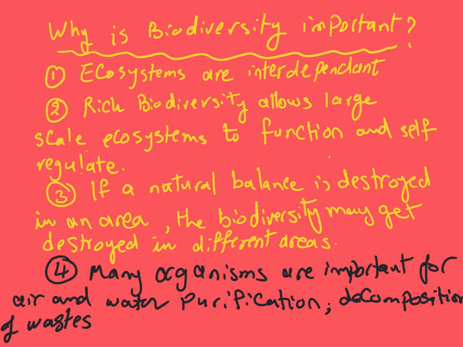Three, if a natural balance is destroyed in an area or in an ecosystem, the biodiversity will be affected or might be destroyed in different areas. Four, many organisms are important for air and water purification and decomposition of waste.